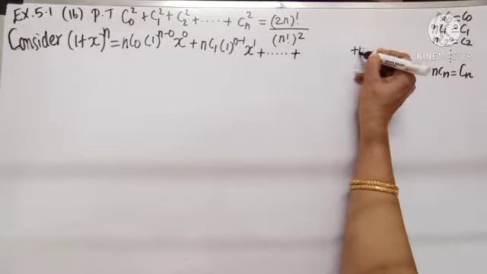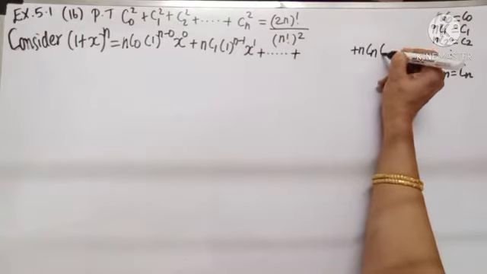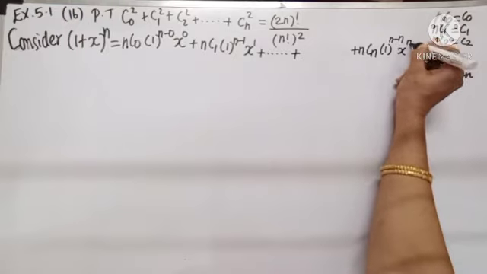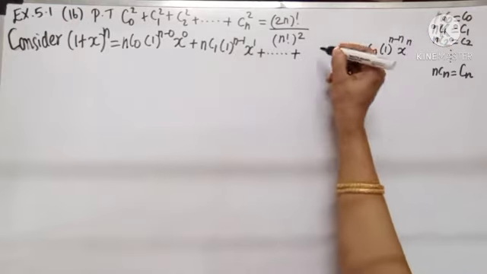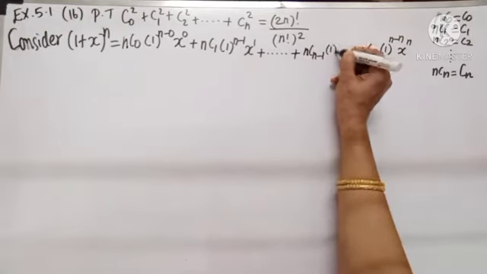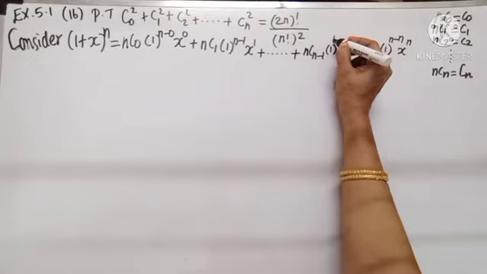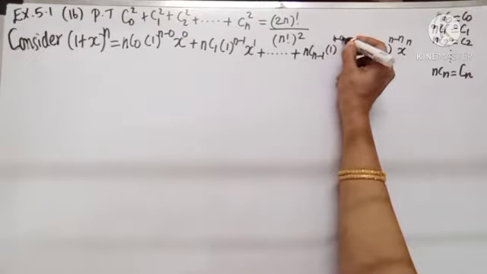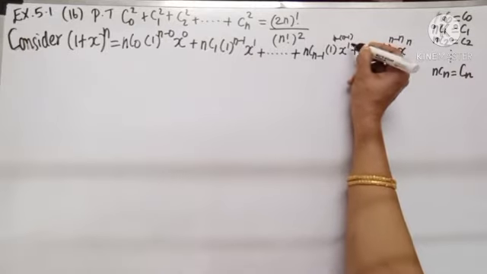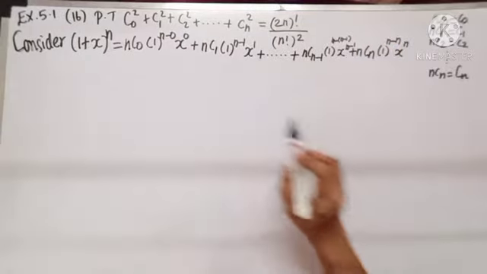The last term nCn 1 power n minus n x power n. The previous term nC(n minus 1) 1 power n minus (n minus 1) into x power n minus 1.